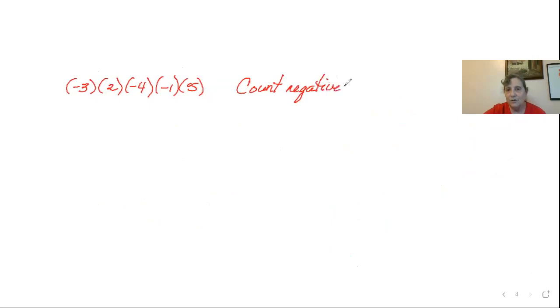Don't try to multiply 2 of these together, keep track of the sign, times the next one, keep track of the sign, no. Just count your negatives to start with. We have 1, 2, 3 negatives. If you have an even number of negatives, the answer is going to be positive. That's because if there's an even number of them, you can pair them up, and every 2 negatives gives you a positive.